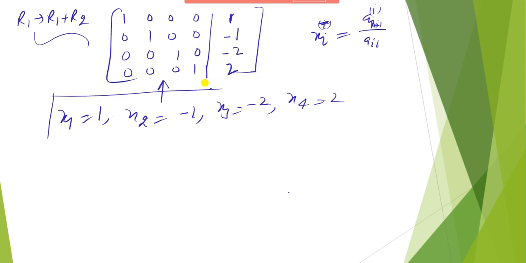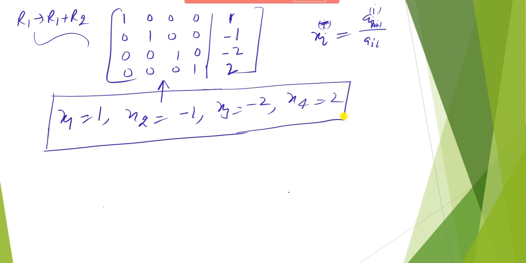So this is the solution of the given set of linear equations of 4 unknown variables. So here, after 11 steps, we obtain the solution of this system of linear equations of 4 unknown variables.